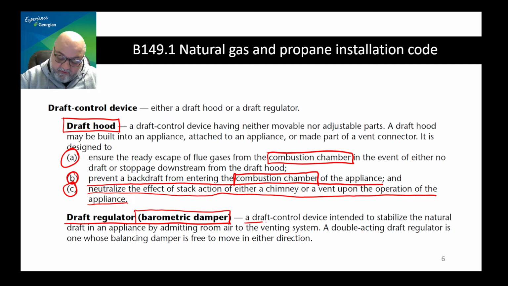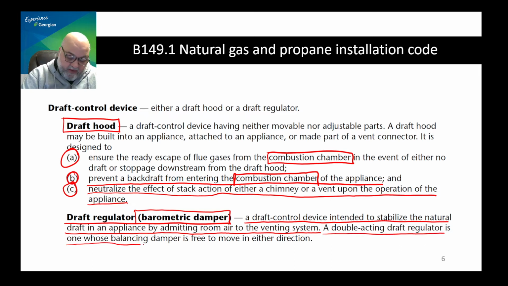A draft control device intended to stabilize the natural draft in an appliance by admitting room air to the venting system. All right. A double-acting draft regulator is one whose balancing damper is free to move in either direction.